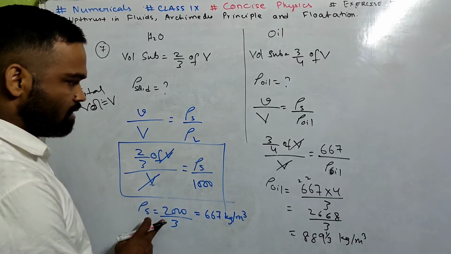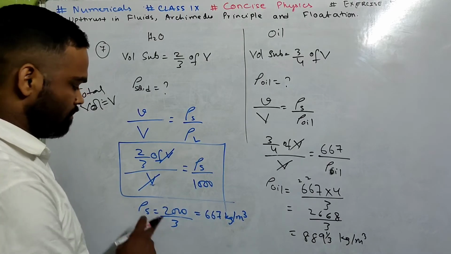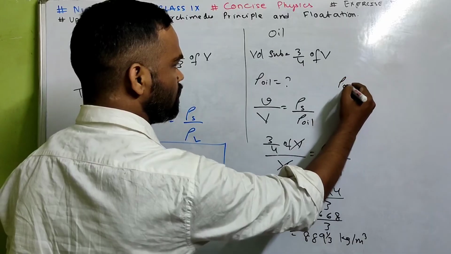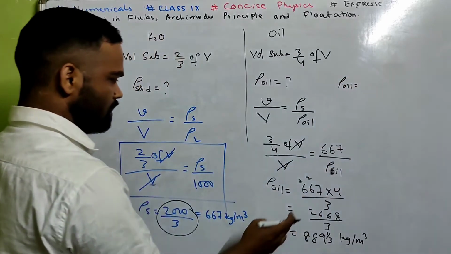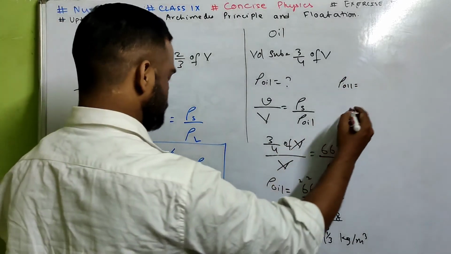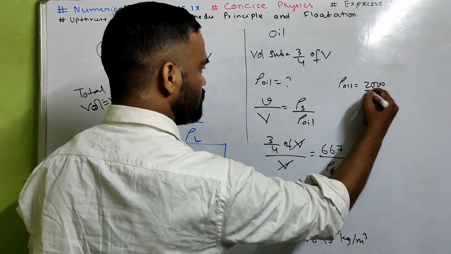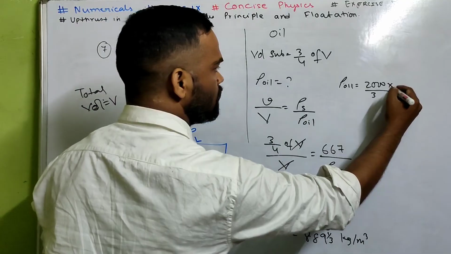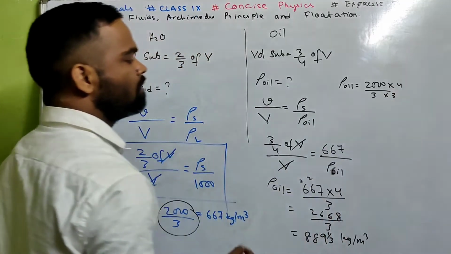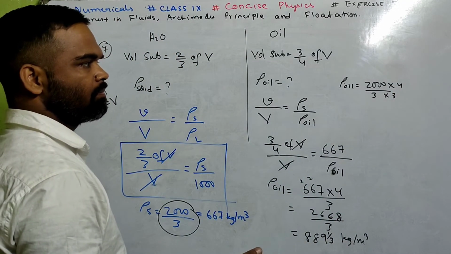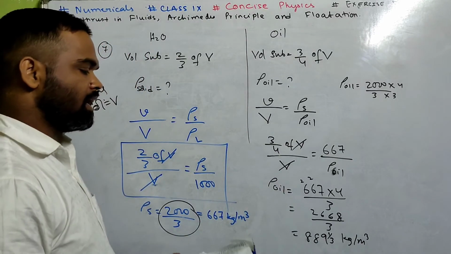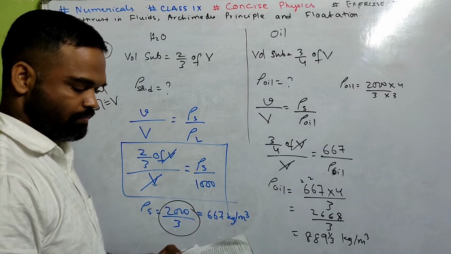They have written 889. If you put 2000 by 3 instead of 667, into 4 by 3, it will still come in fraction. They've rounded it off. So the answer is 889 kg per meter cube.